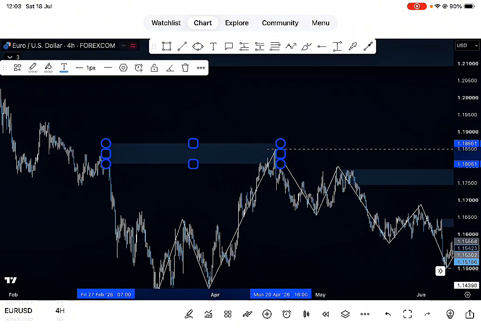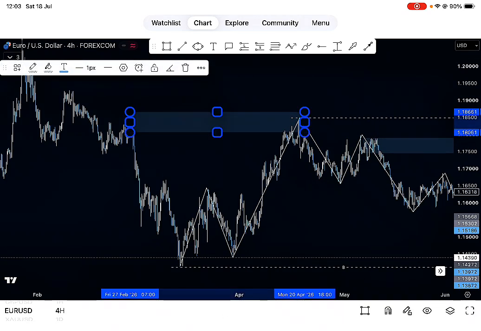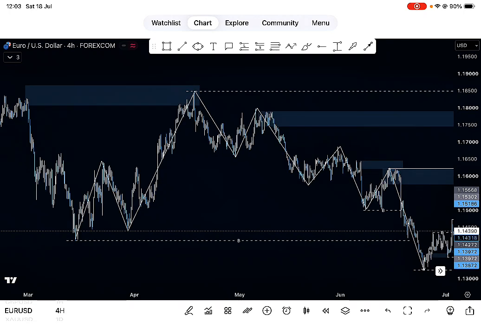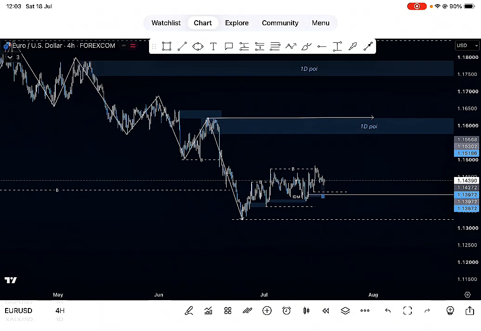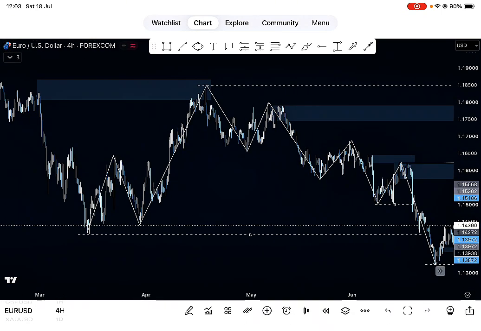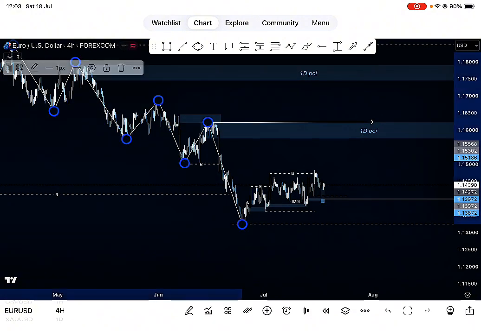But because the daily was bearish and this was a valid POI in the daily, it reacted here and we got the break of structure. Then it started continuing the downtrend till we are here now.